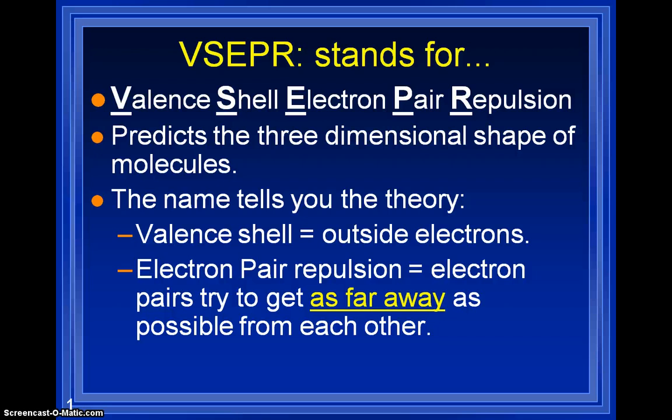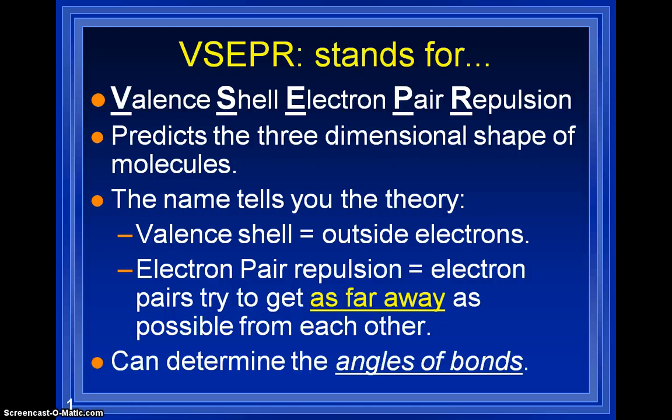So within the molecule, they try to distribute themselves evenly, spreading out as far as they possibly can from one another. And this tells us the angle at which the bonds form for that molecule, and therefore the shape.